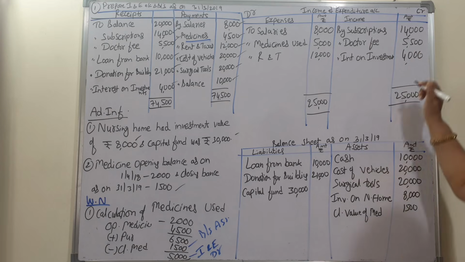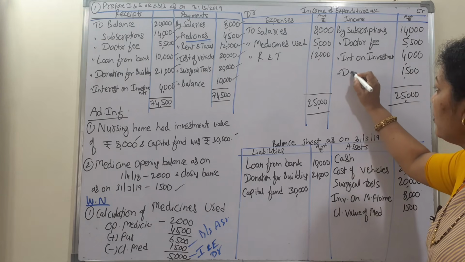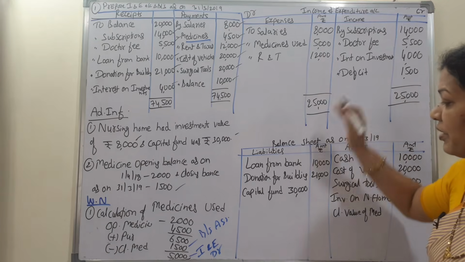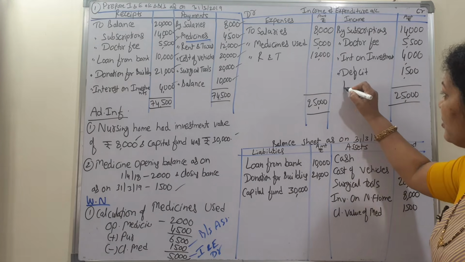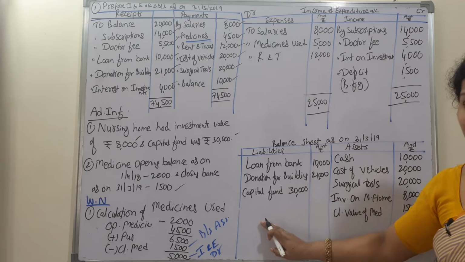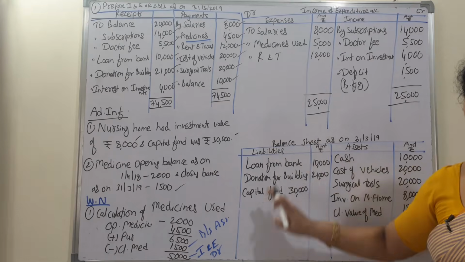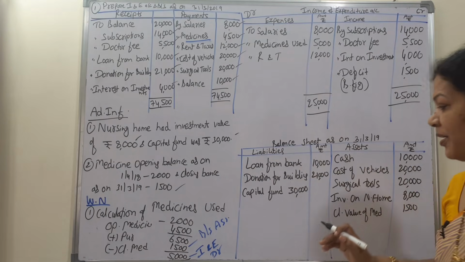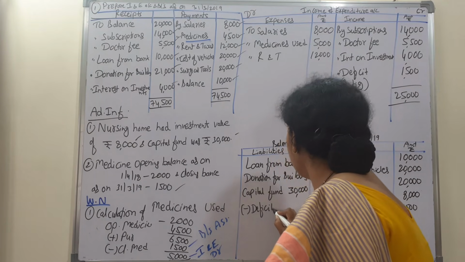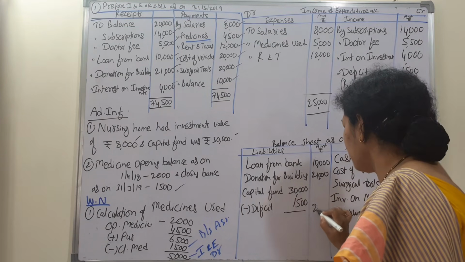It's 1,500 we are getting. This is deficit, will be transferring to the capital account. So this is balancing figure. Deficit, deduct from the capital fund. If you get surplus, add. Deficit, deduct. Minus deficit 1,500. It is 28,500.